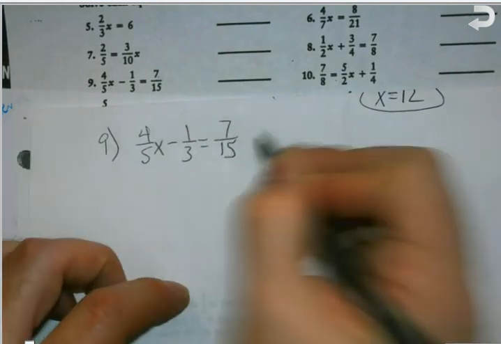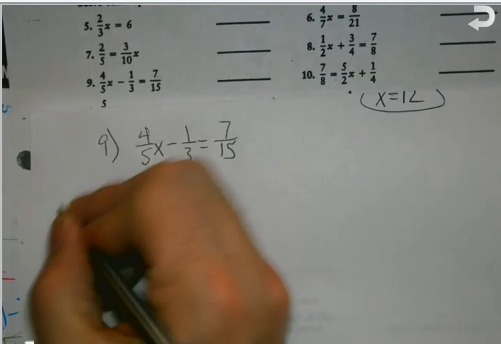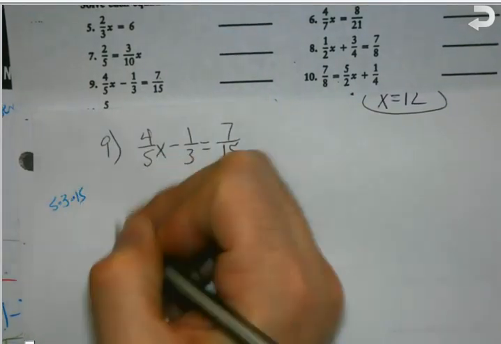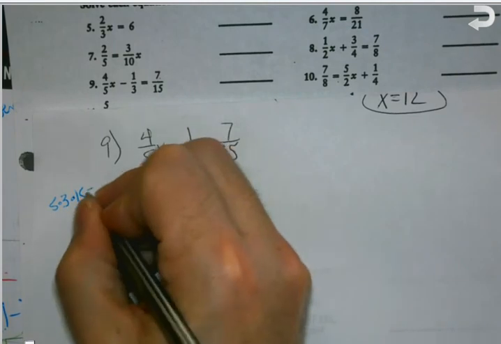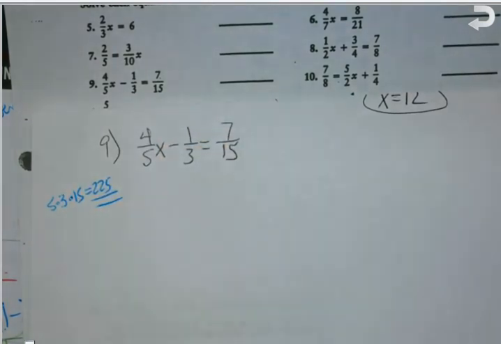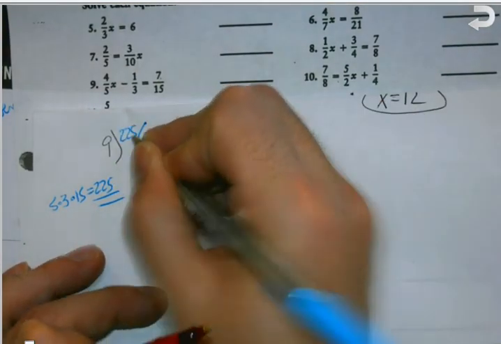If I'm comfortable with the least common multiple, 15 is going to be it. But what I would do here is multiply those 3 numbers together. Now this might get kind of big. 225, holy cow. Here's where we got to go to the calculator.